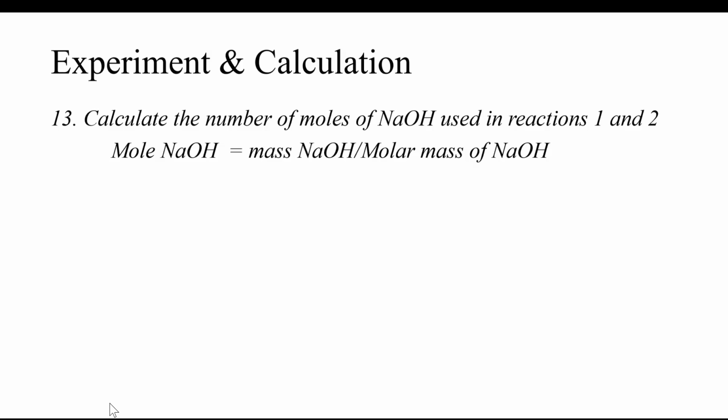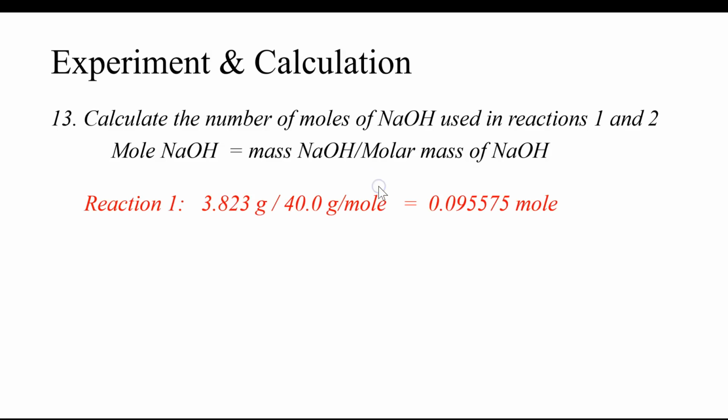Number 13, calculate the number of mole of sodium hydroxide used in reaction 1 and 2. So only reaction 1 and 2 because these two are solid. If you have solid sodium hydroxide, you can calculate mole if you know the molar mass. So mass of sodium hydroxide divided by molar mass of sodium hydroxide gives you number of mole.